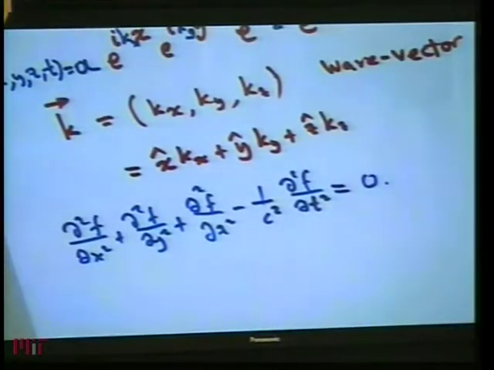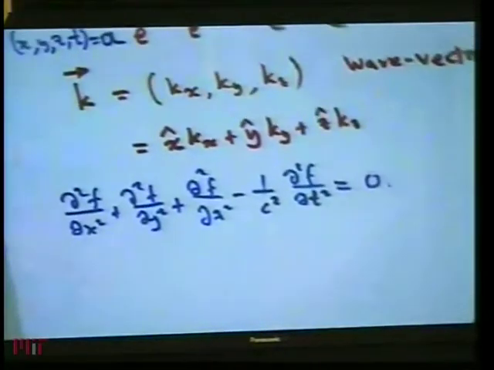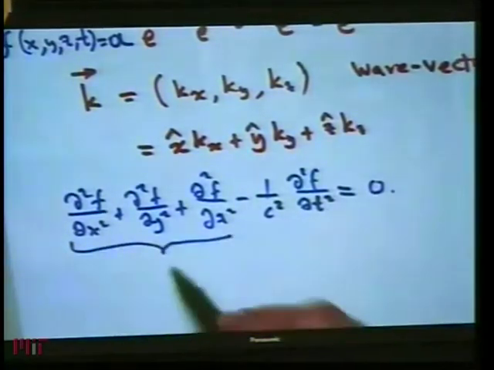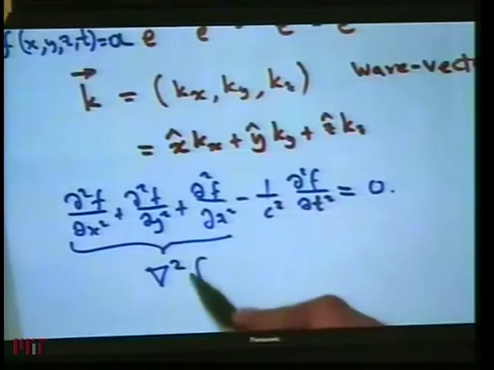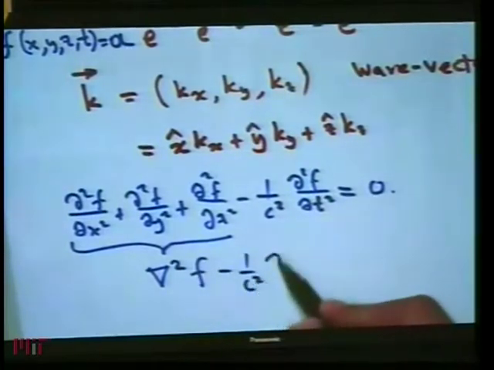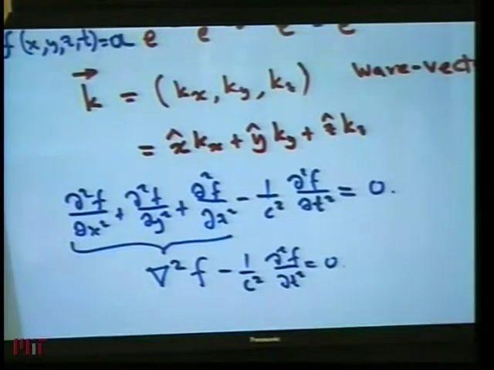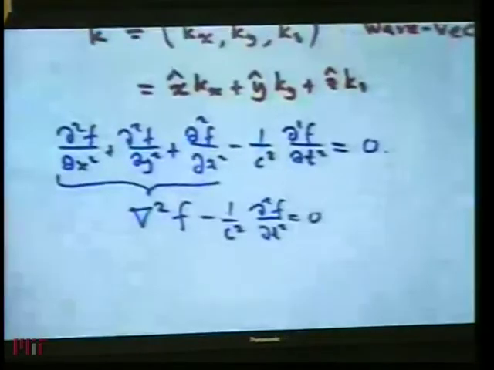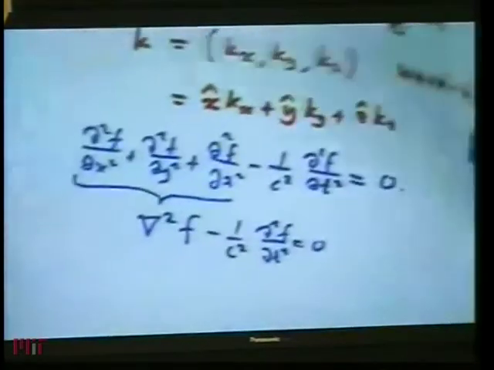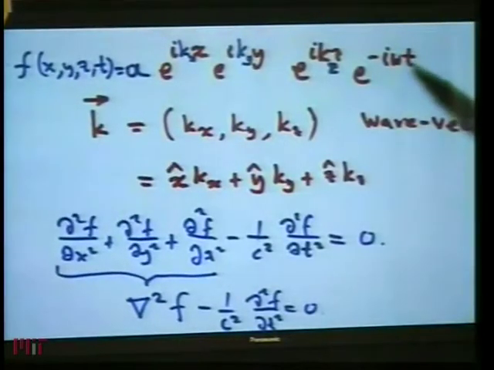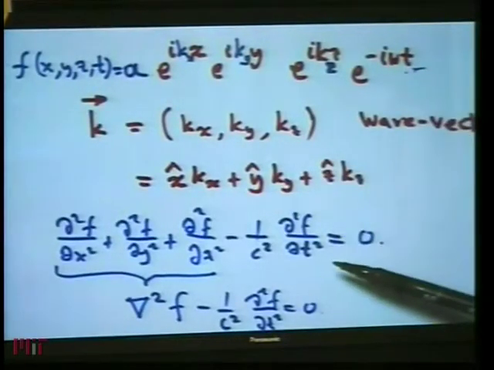And for future reference, sometimes instead of writing all these tedious derivatives, there's a shorthand which collapses all of this with the symbol del. So you just write del squared f minus 1 over c squared d²f/dt² equals 0. Okay, that's the wave equation. Very good. So now what I need to do is plug the expression for the wave into the wave equation.